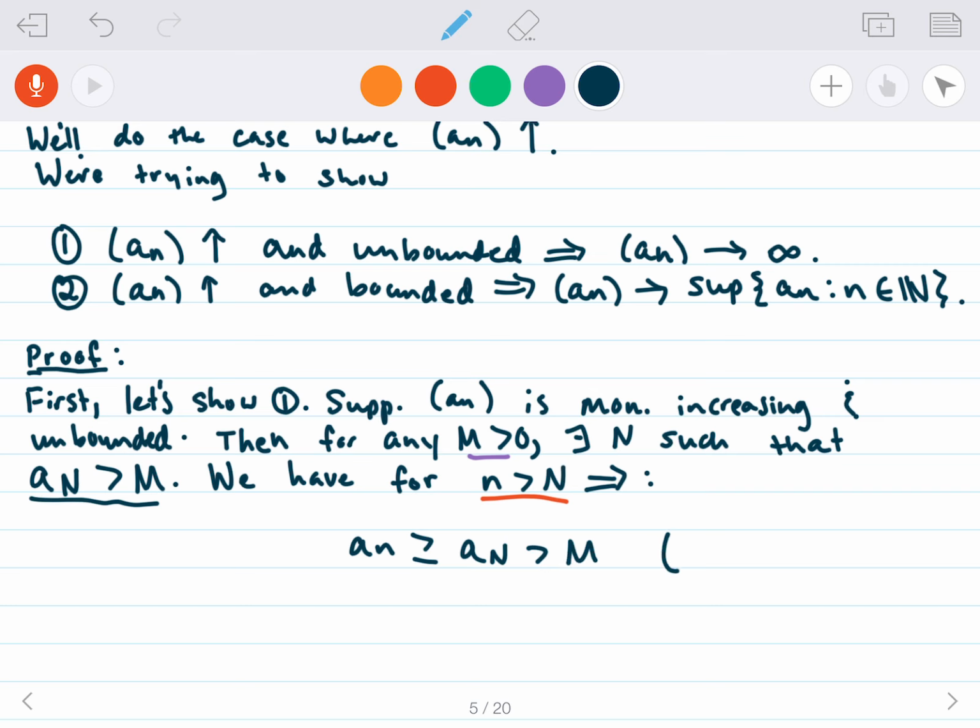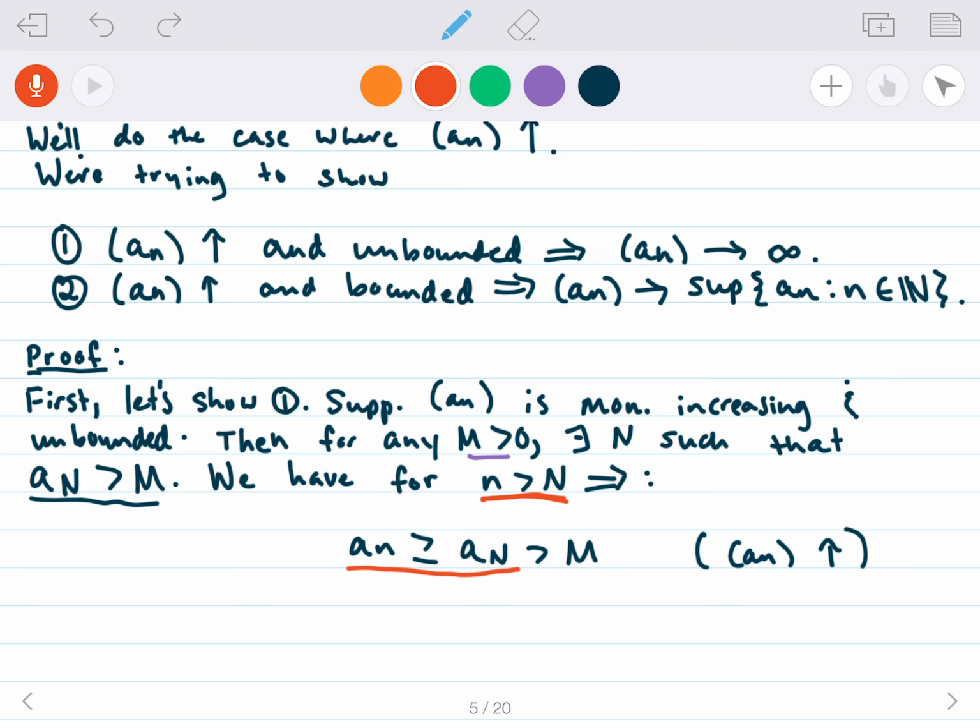This is because our sequence is increasing. That's why n bigger than capital N implies that a sub little n is bigger than or equal to a sub capital N. So this guy is further along in the sequence than this guy, and since it's increasing, the little n term is bigger than or equal to the capital N one.